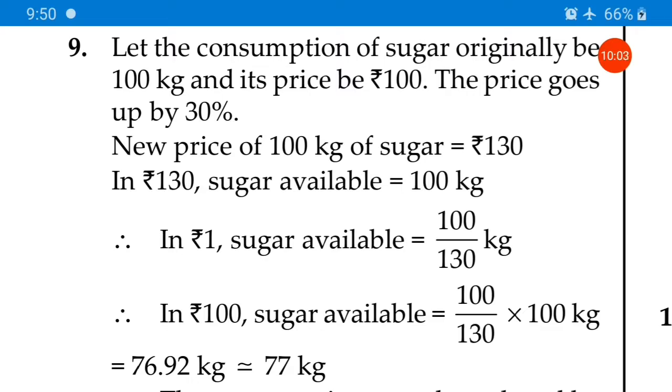The price goes up by 30%. So new price of 100 kg of sugar is 130. 100 plus 30, 130 rupees. So in rupees 130 sugar available, that is 100 kg. So in 1 rupee the sugar available is 100 upon 130 kg, and in 100 rupees the sugar available is 100 upon 130 multiplied by 100 kg.